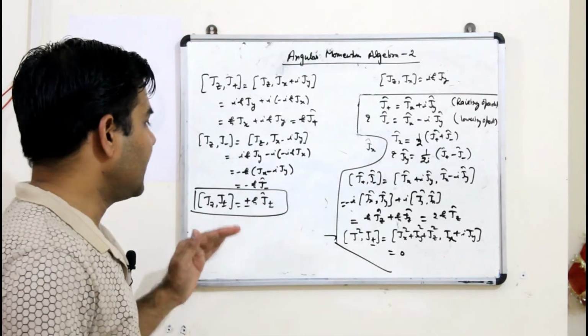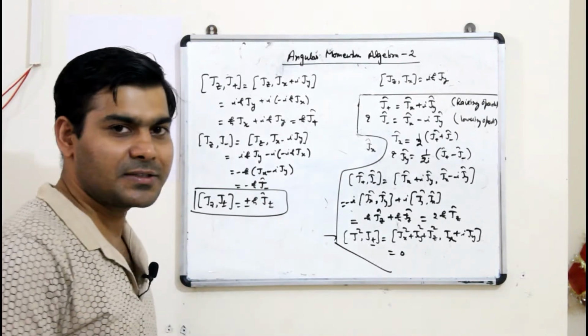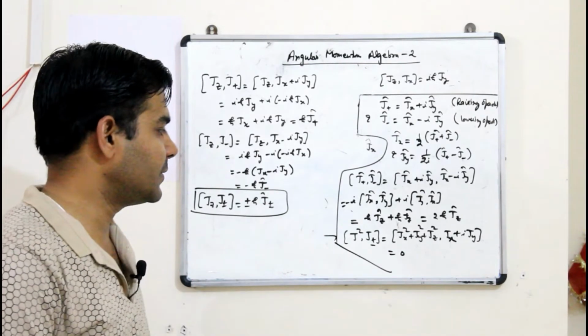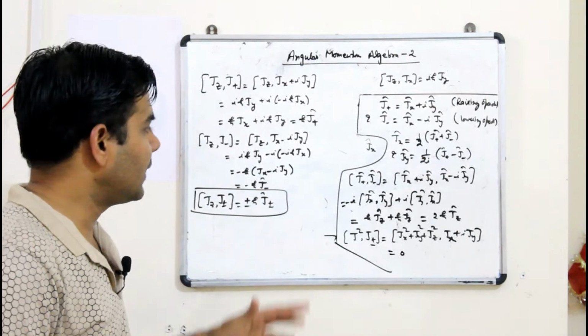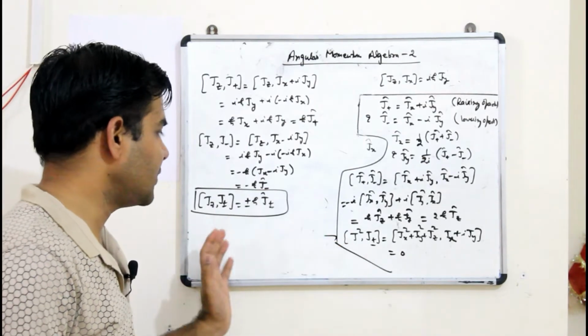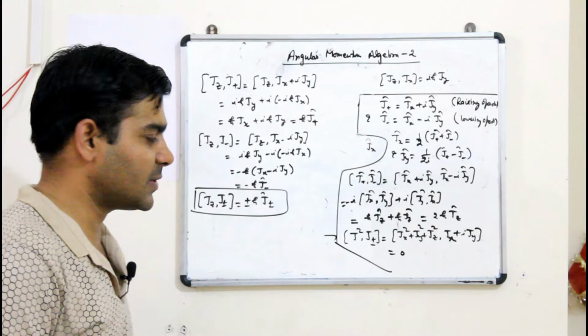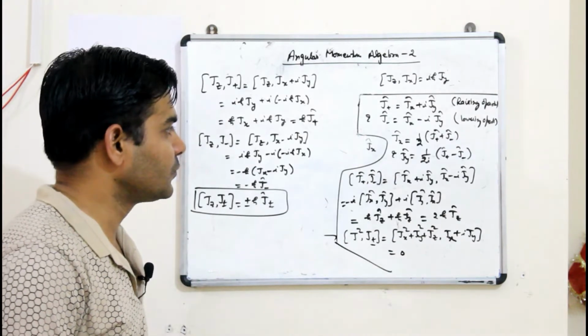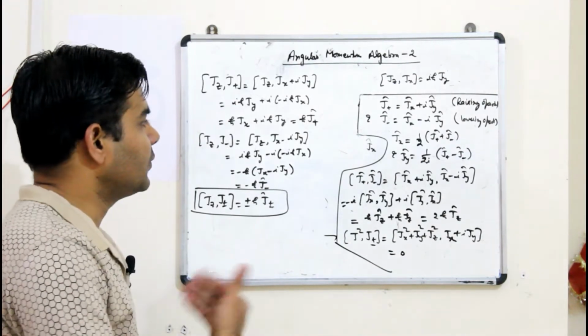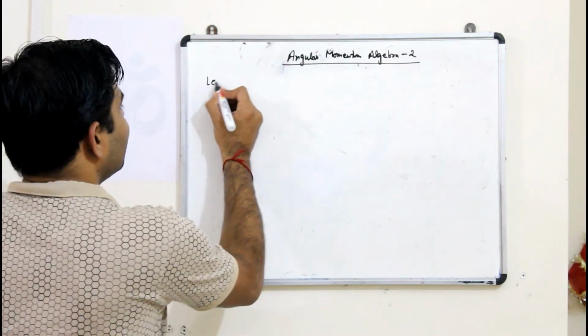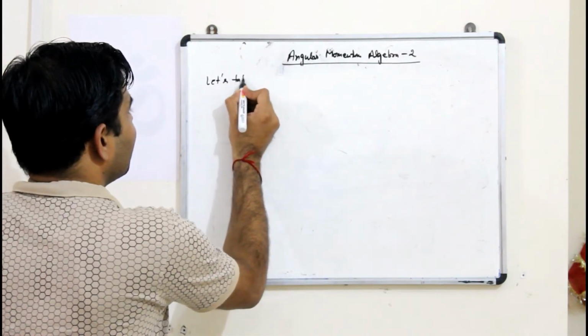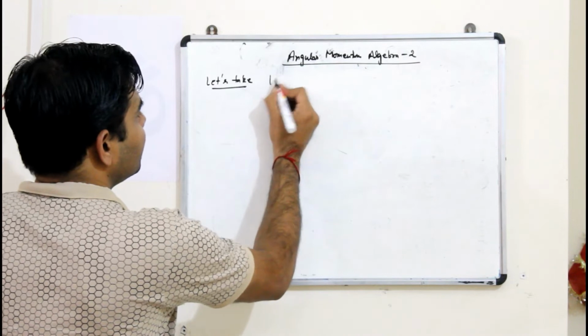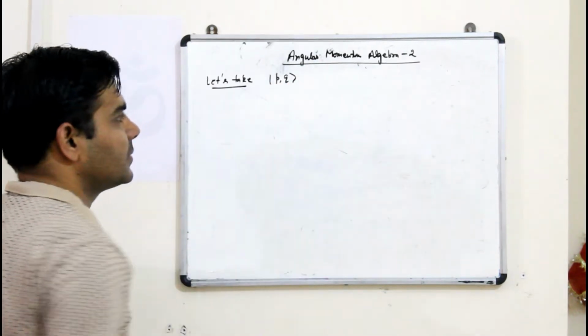Okay, so now let's have a look at the eigenstates and eigenvalues of these angular momentum operators j square and jz, and the action of j plus and j minus on these eigenstates. So to do that, let's take a state like |p q>.